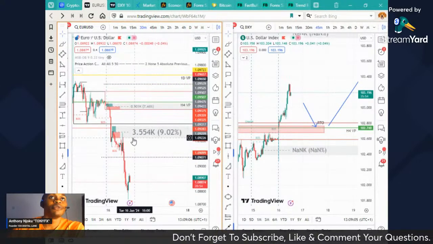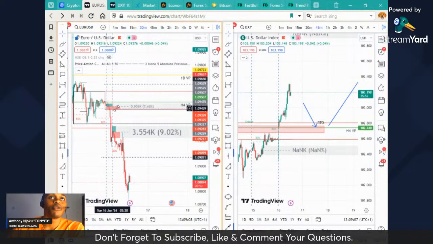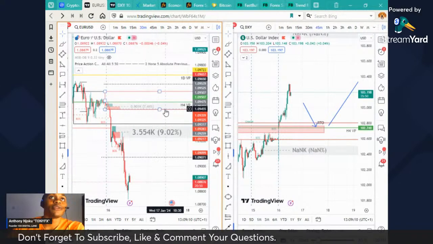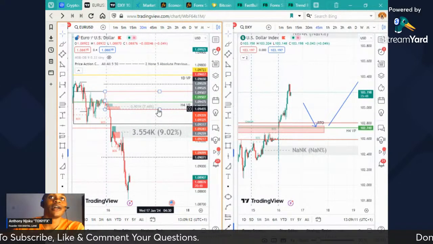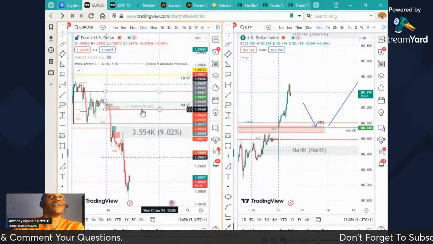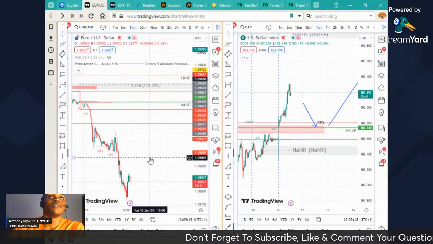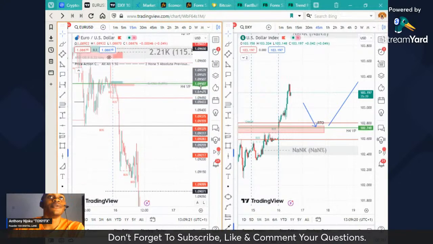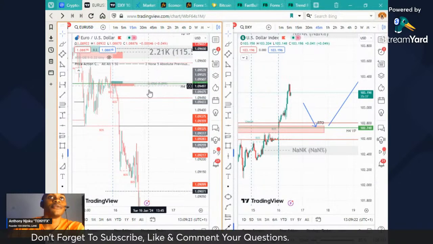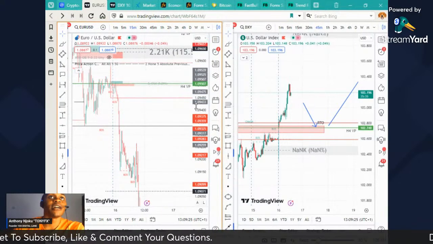On 30 minutes, we have a different entry spot, but we still have a little bit of confluence here. Then let's go to the 15 minutes. Okay, on 15 minutes we have our entries in there as well.